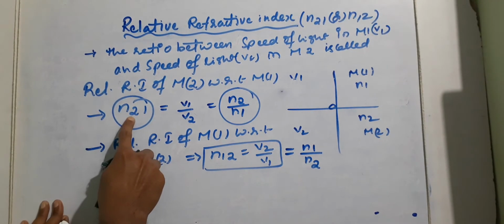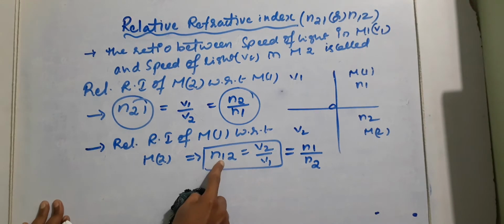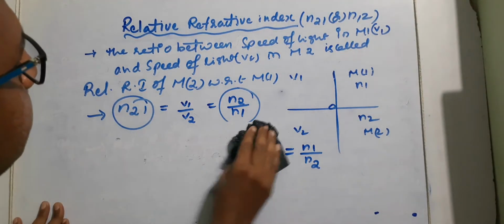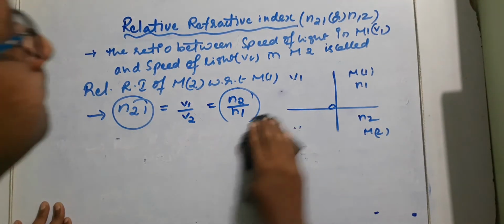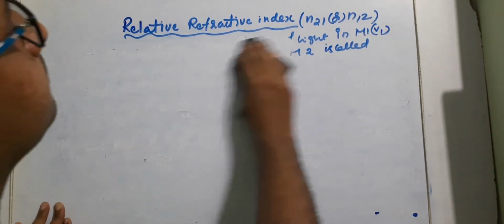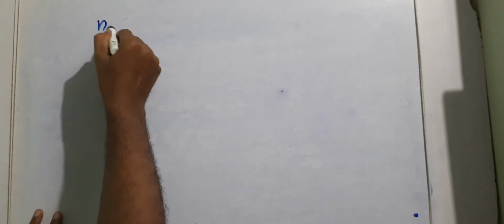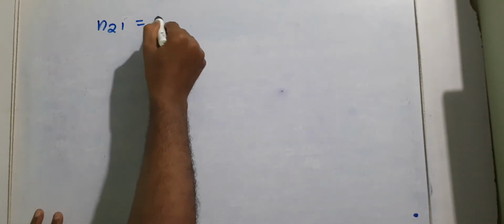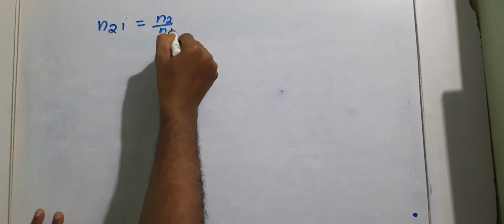2 is the second medium, 1 is the first medium. So we want to show that n21 is equal to n2 by n1.